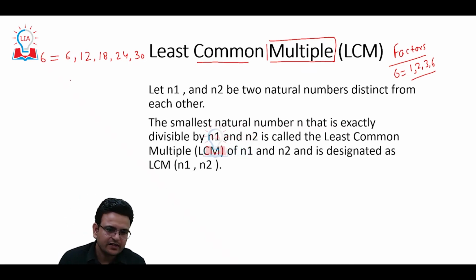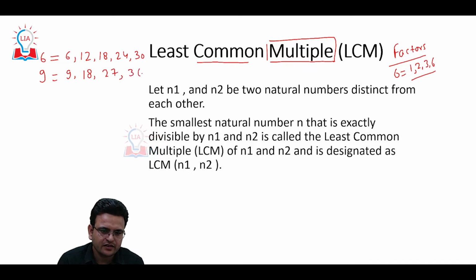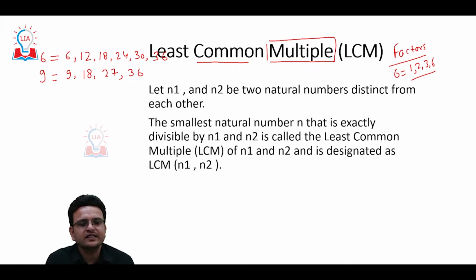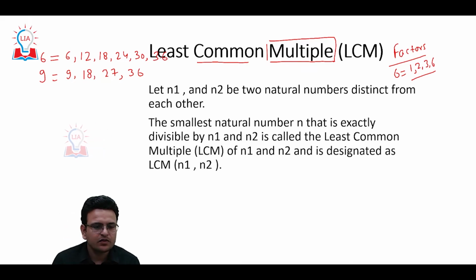Then we talk about 9. 9 has multiples 9, 18, 27, 36. Here 6 also has 36 as a multiple. So 6 has multiples like 6, 12, 18, 24, 30, 36.